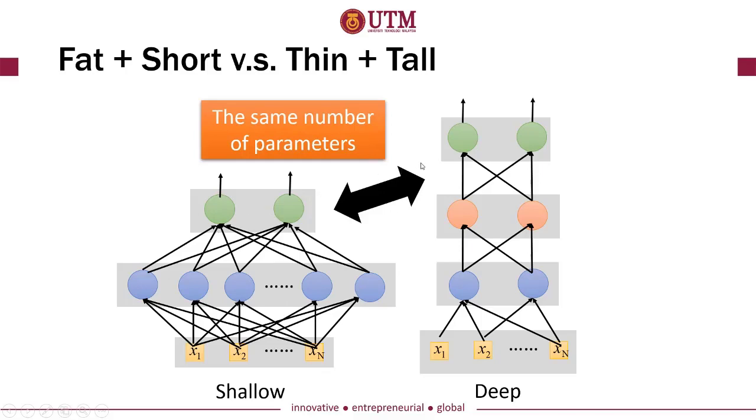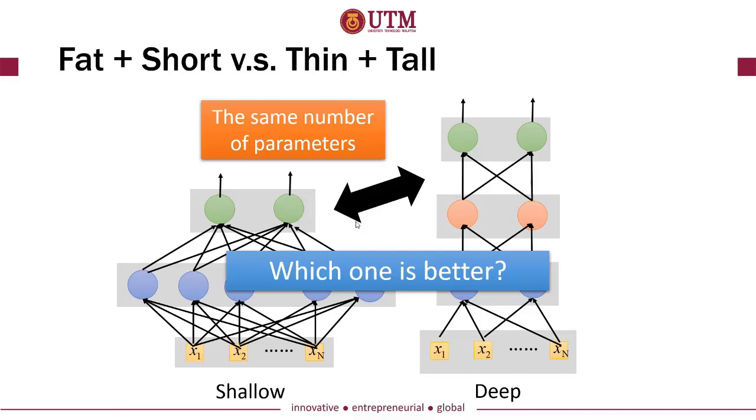This one will have how many? I think you can count it. You assume that the number of W and bias is the same, but the difference is just the architecture. Which one is better in terms of performance? I mean in terms of accuracy in classifying something, which one is better?